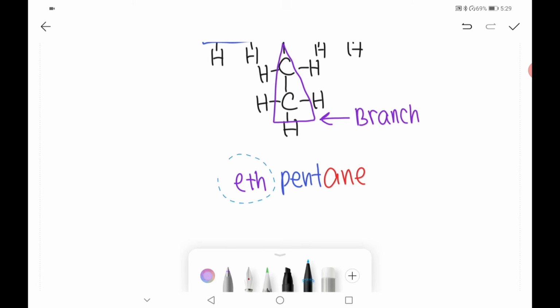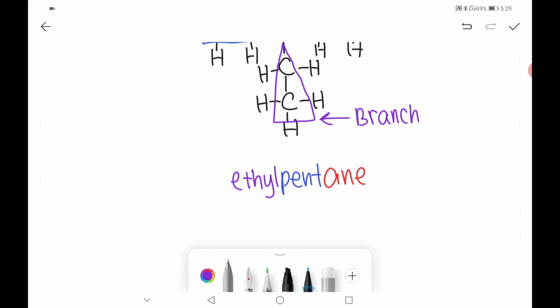And do remember, when you have a carbon branch, you must add YL. So it becomes ethyl. Carbon branch needs to add YL. Remember, no space in the name. The name should stick together as a whole.